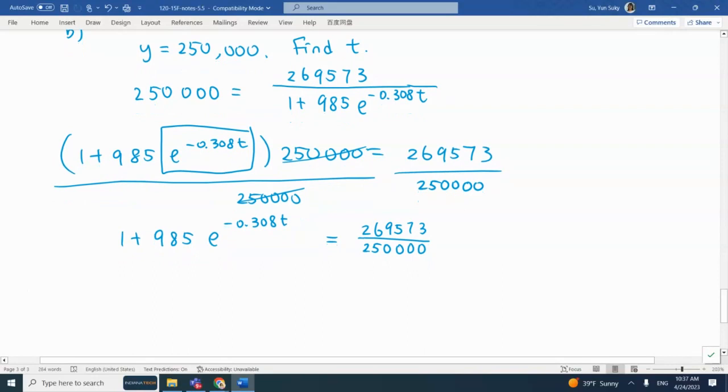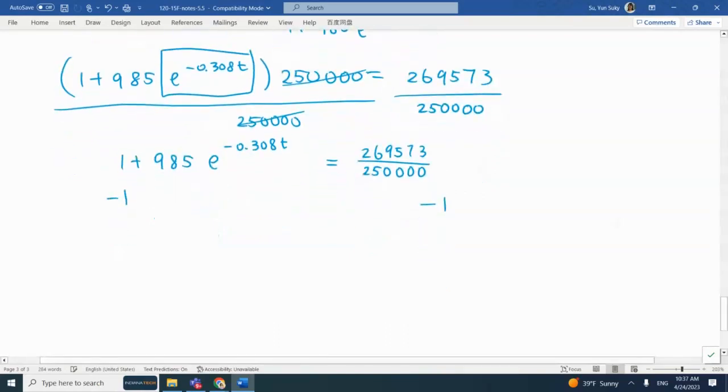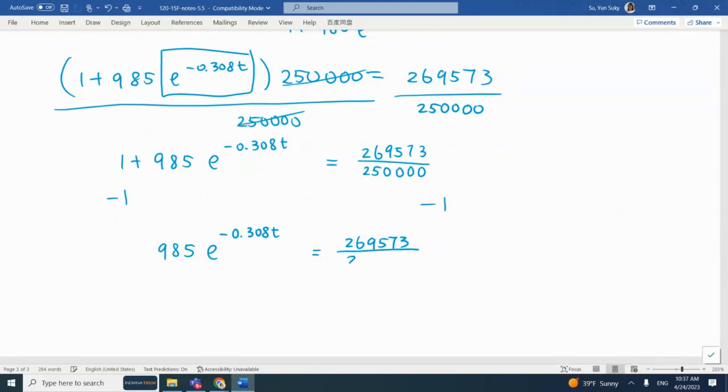And what do we do? Subtract 1. So we get 985 e to the negative 0.308t equals 269573 over 250000, subtract 1.